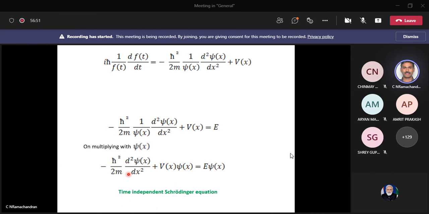Exactly this equation, minus h cross square by 2m d by dx square. Before this, in which we substituted the de Broglie. You are talking about the particle in 1D box case? No, the starting equation for the Schrodinger equation, in which we substituted.